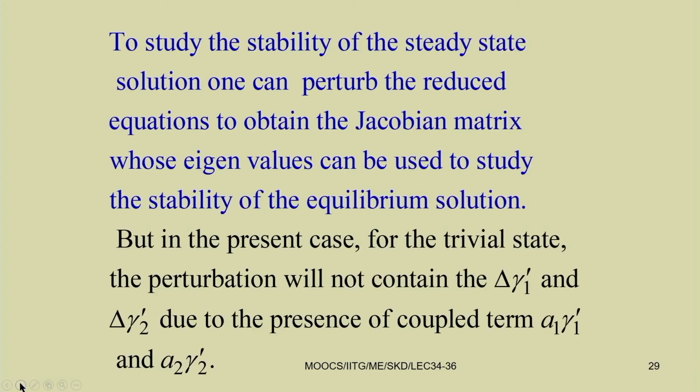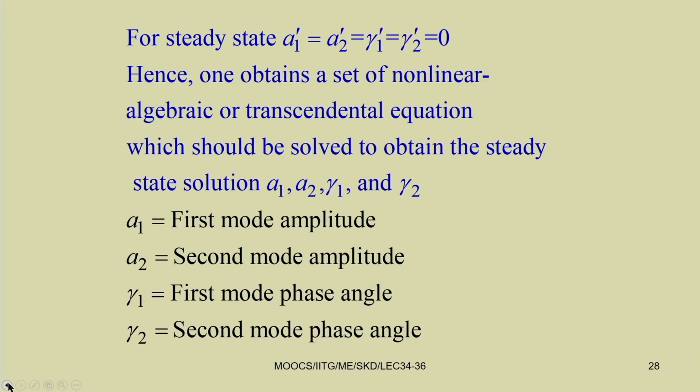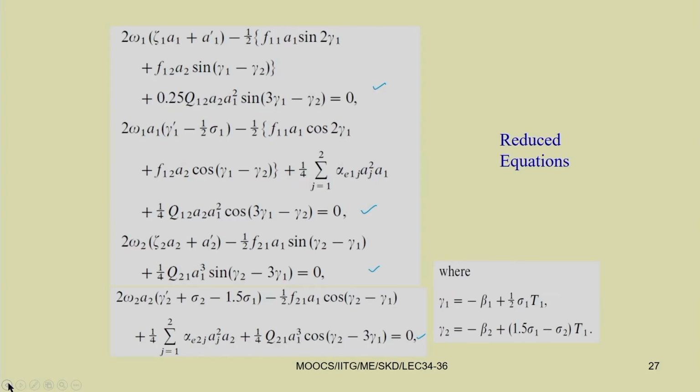To study the stability of the steady state solution, one can perturb the reduced equations to obtain the Jacobian matrix, whose eigenvalues can be used to study the stability of the equilibrium solution. We have studied that extensively in the last few classes, but in this present case you can see that we have the terms A2 gamma 2 dash and A1 gamma 1 dash.